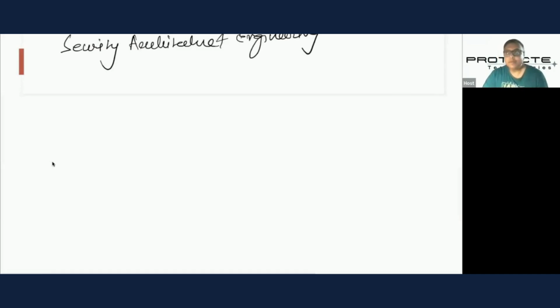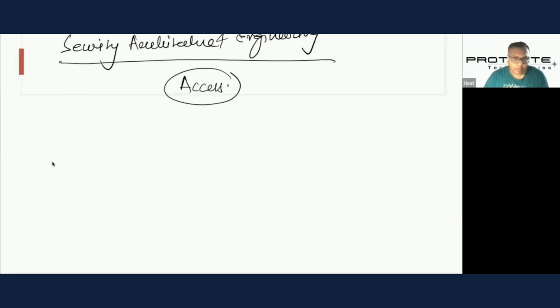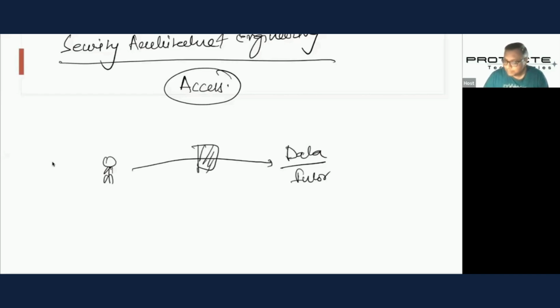Now, before we take on the concept of security architecture and engineering, if you look at security, security is an access problem. Somebody is trying to access something, either data or information. Security has to ensure that the person who's asking for access is the right guy.